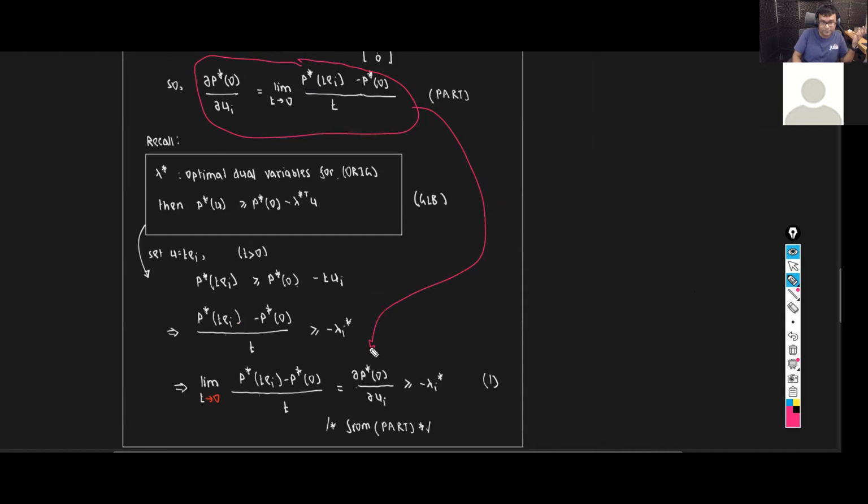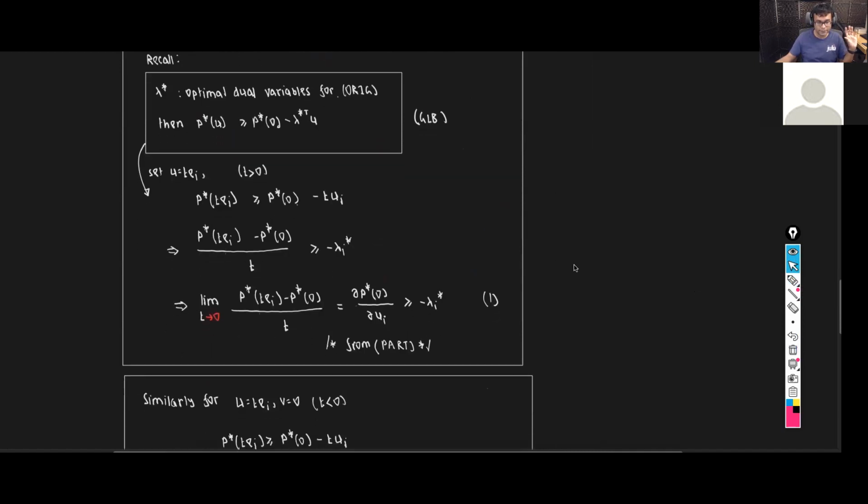This is essentially just the definition. So if I put it here, I get the partial derivative of p star at 0 with respect to u_i is greater than or equal to minus lambda_i star. Okay, so we have proven one side.